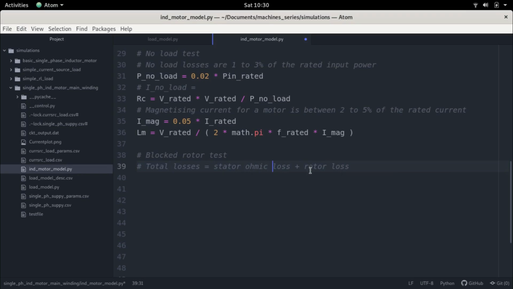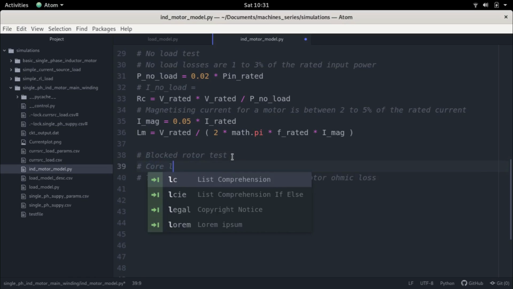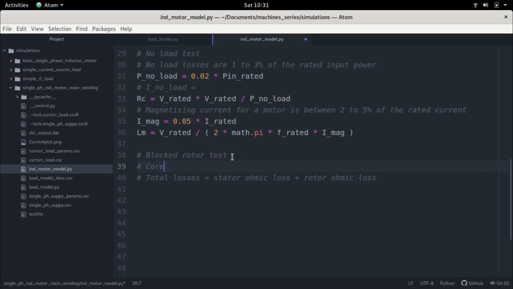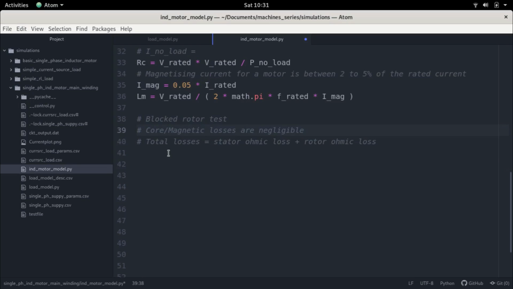The total losses are the stator ohmic losses plus the rotor ohmic losses, because remember, in a block rotor test, core losses are negligible. Core, let me put magnetic losses are negligible because there is negligible magnetic field.